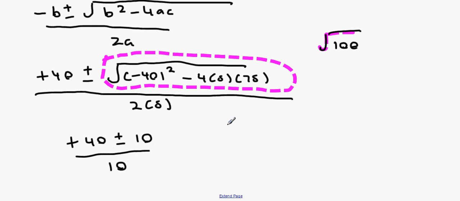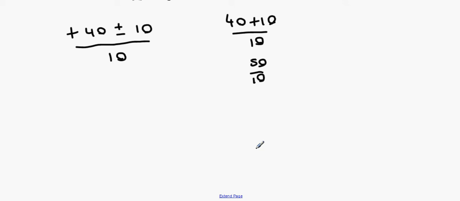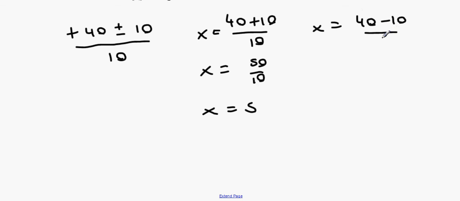The answer is 40 plus 10 over 10, which is 50 over 10, which means x is going to be equal to 5, or x is equal to 40 minus 10 over 10, which is 30 over 10, which means x is equal to 3.